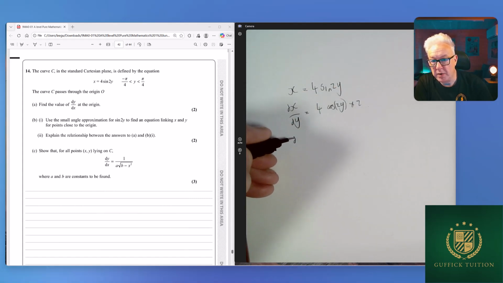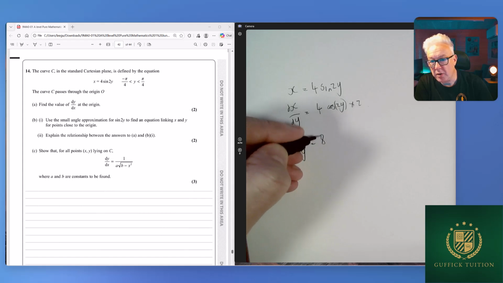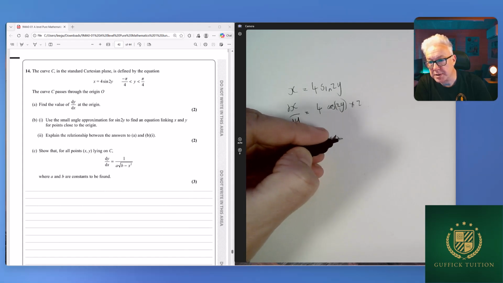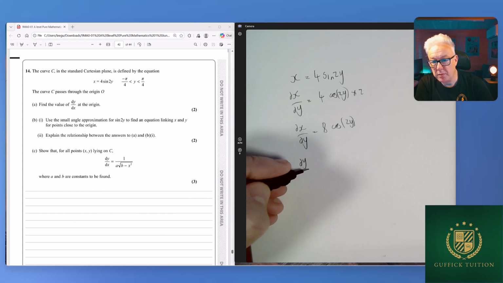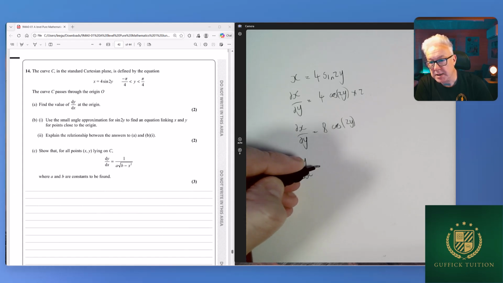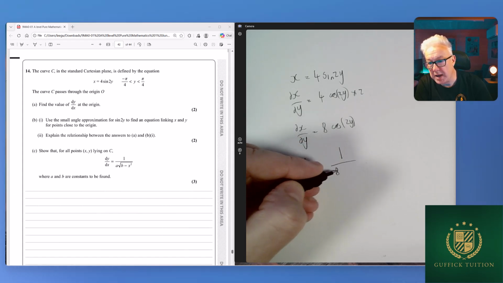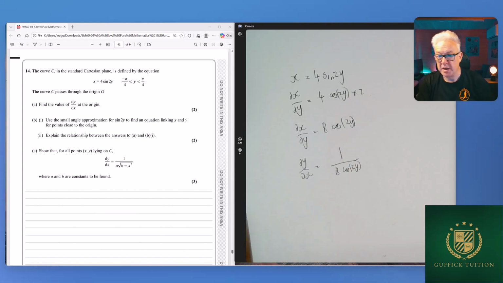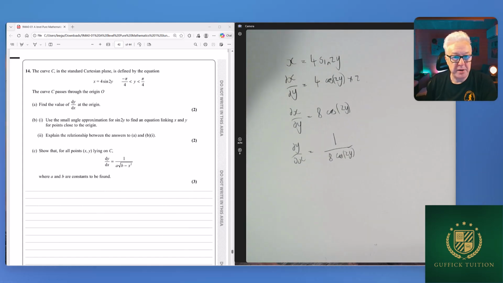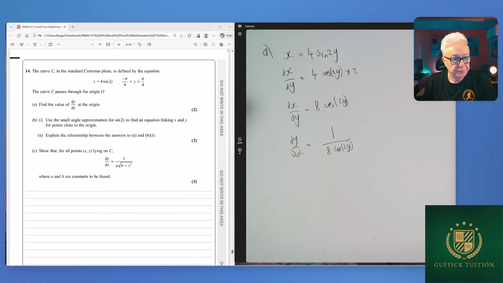So we end up with dx by dy equals 8 cos 2y. Therefore dy by dx is going to equal 1 over 8 cos 2y, like so. So there's our part A done for 2 marks. We found our dy by dx.